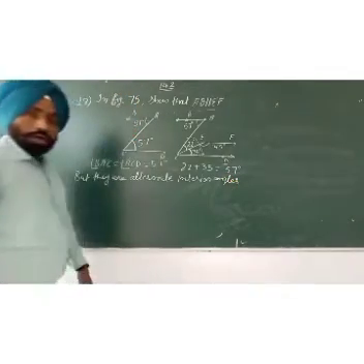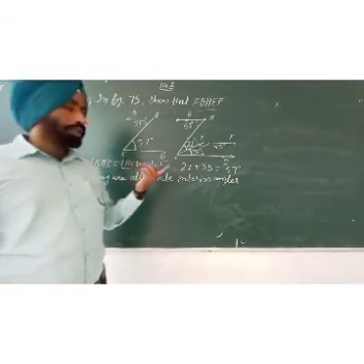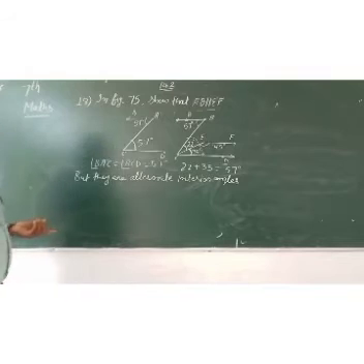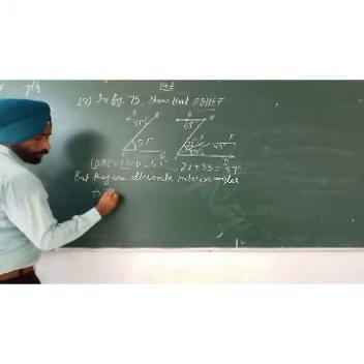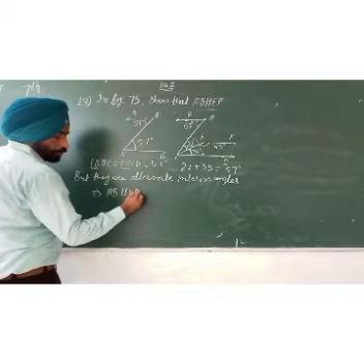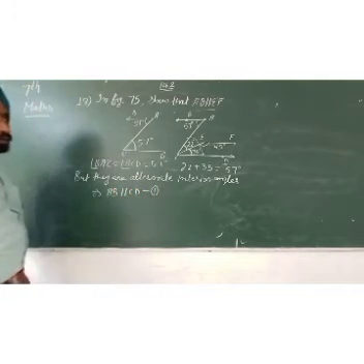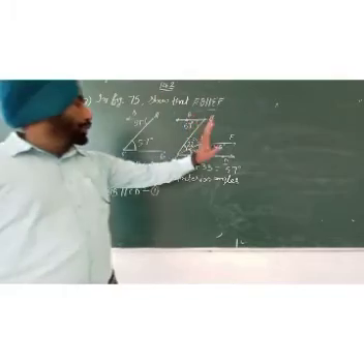So a pair of alternate interior angles is equal, so the lines will be parallel. So beta, AB will be parallel to CD. Give it equation number 1. Now AB is parallel to CD.